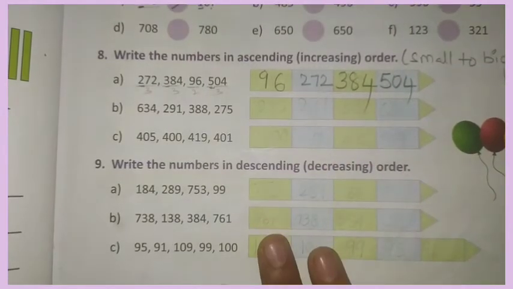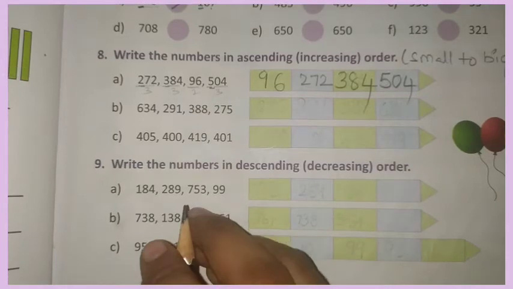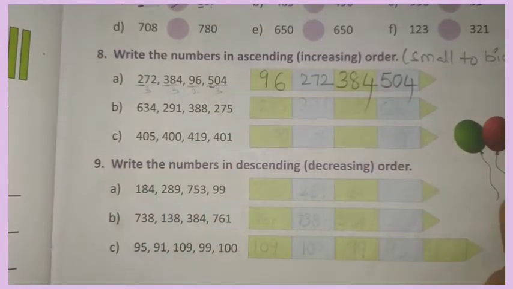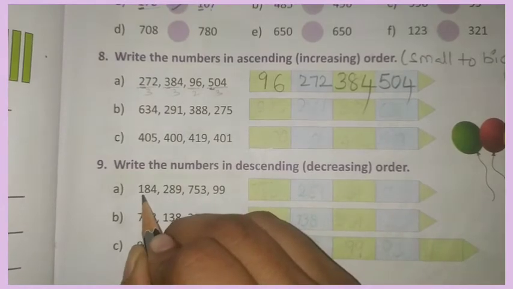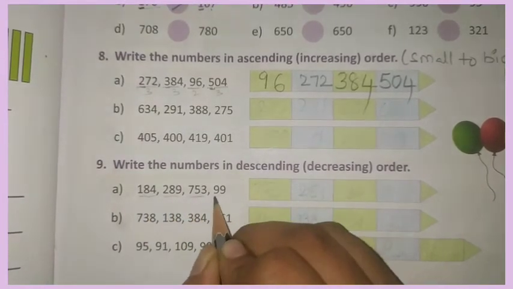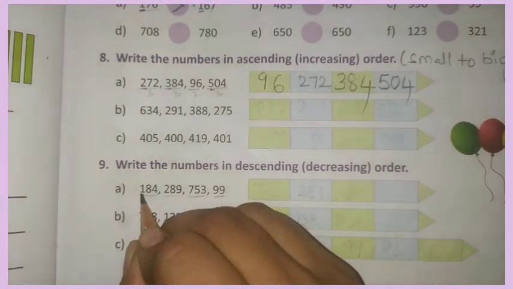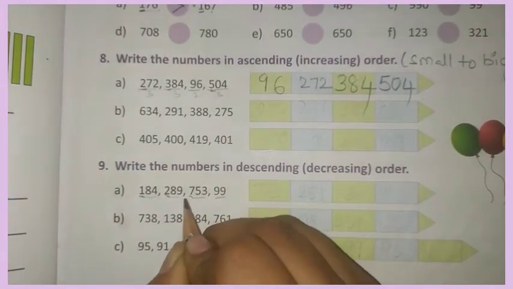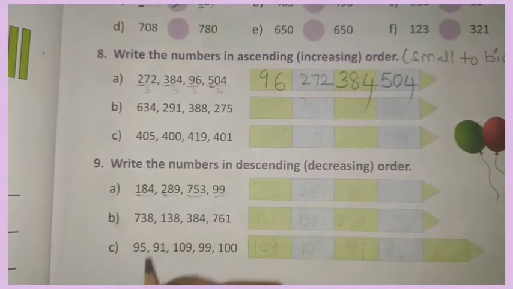This is descending order, the opposite of ascending order. It means we have to arrange the numbers from big to small. Here 3 digit, 3 digit, 3 digit, 2 digit. So first we will take the 3-digit numbers. Here 1, 2 and 7. Which one is the biggest?